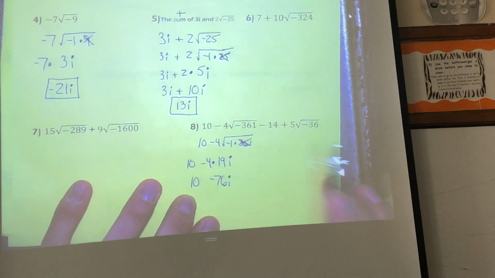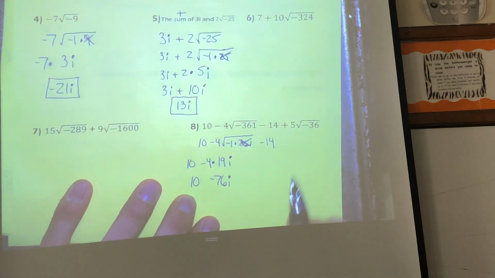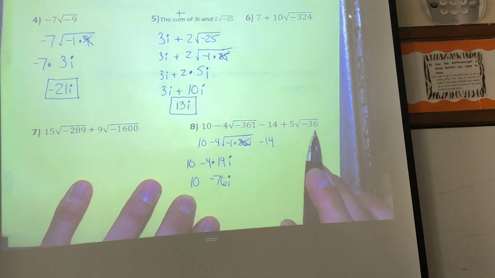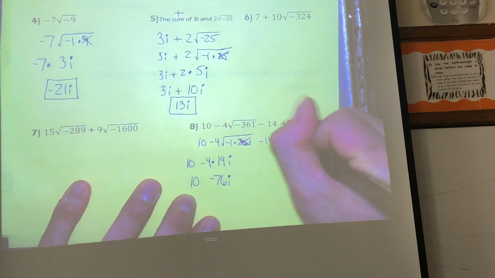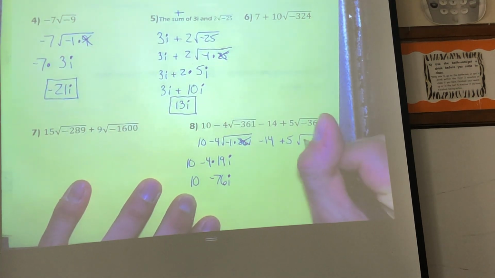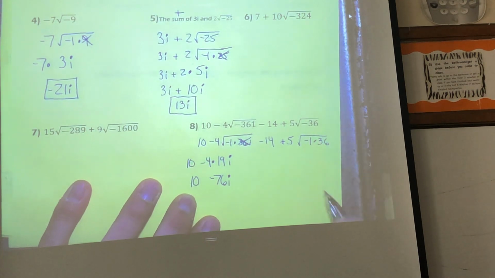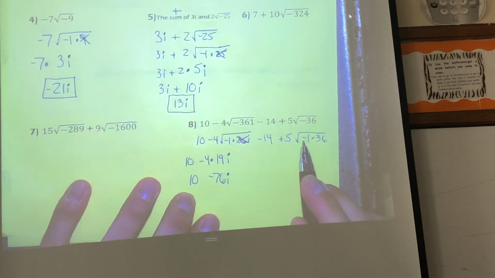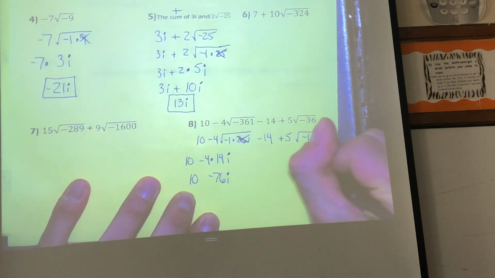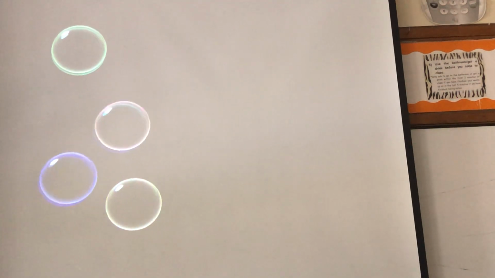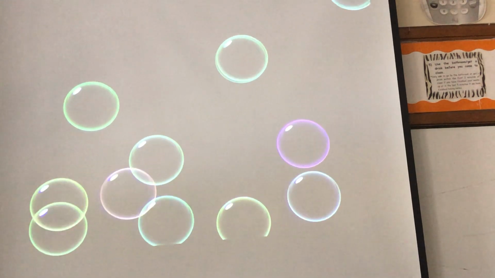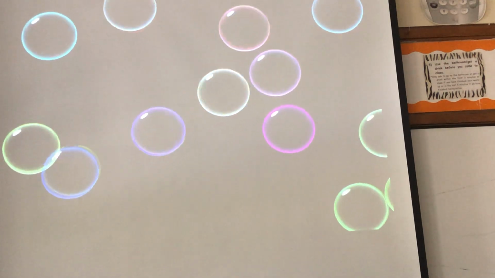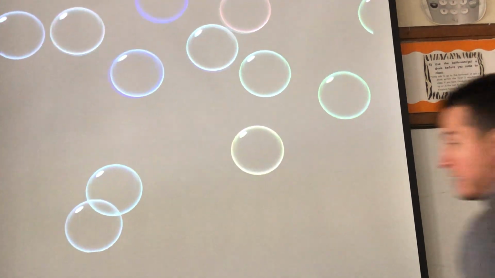I'm going to start to simplify this now. Bring down -14. If I plug that in my calculator, I'll get an error. So I'm going to rewrite this as the square root of -1 times 36. The square root of -1 comes outside as an i. Square root of 36 is 6. So I'm going to rewrite this and bring this down.